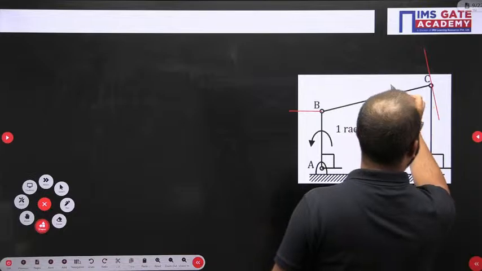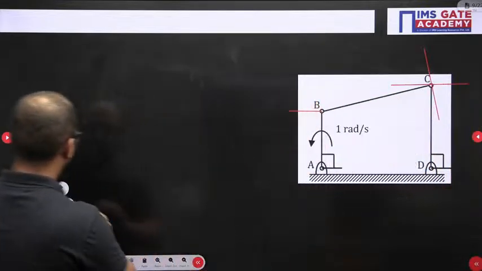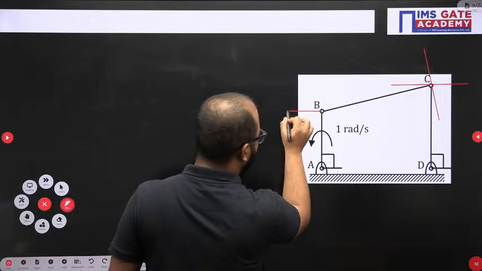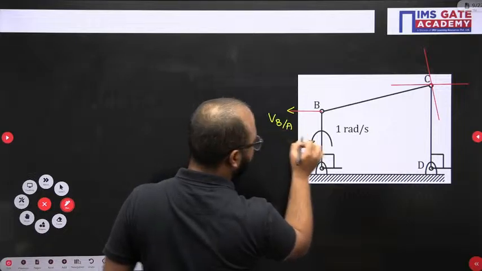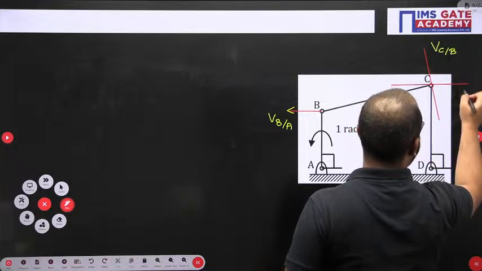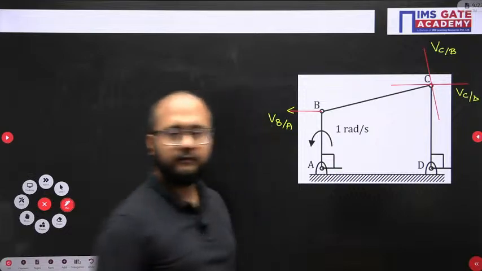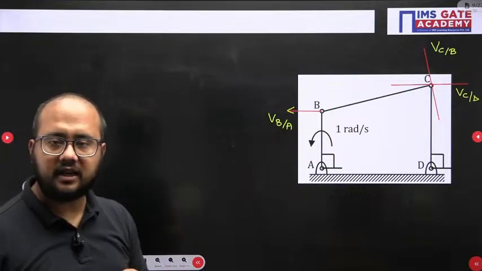Then velocity of C with respect to D will again be horizontal. So like that we will mention the velocities. This is velocity of B with respect to A. This is velocity of C with respect to B. This is velocity of C with respect to D. All the velocity vectors I've mentioned in the configuration diagram.